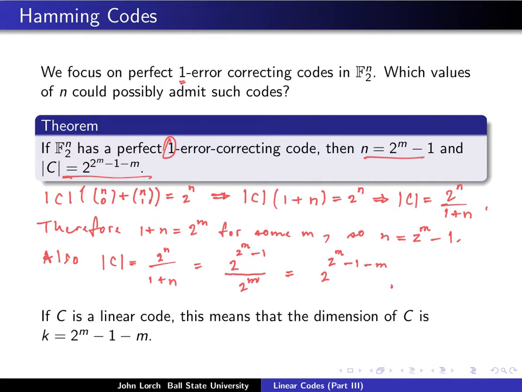Okay, now what that says is that if C, this one error correcting code, happens to be a linear code, then its dimension is this power on 2. Namely, its dimension is going to be 2 to the m minus 1 minus m.